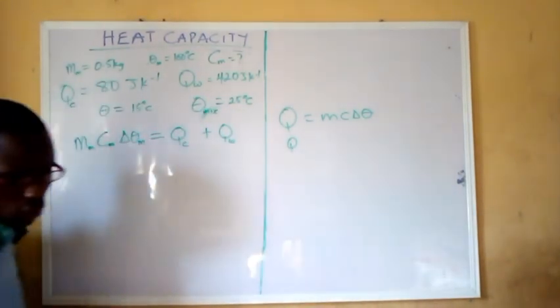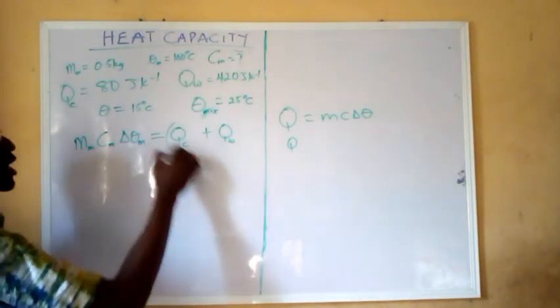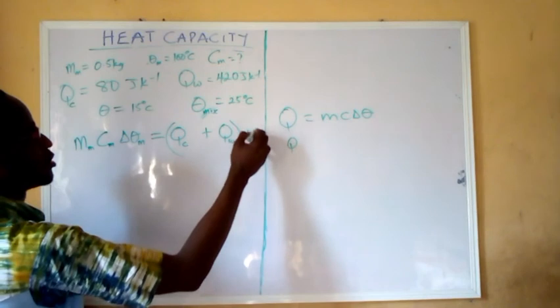The initial temperature of water and calorimeter is 15, so we multiply by that change in temperature.